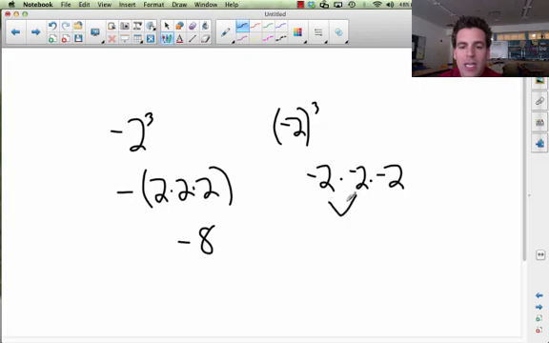Negative 2 times negative 2 is positive 4, right? Now multiply 4 by negative 2. 4 times negative 2 is negative 8. Now you're going to look at me and say, well, negative 8 here and negative 8 here, that's the same answer, right? Well, what about if I did the exponent to a different number, maybe say an even number? I'll show you what I mean now.